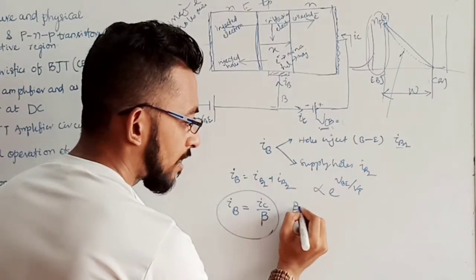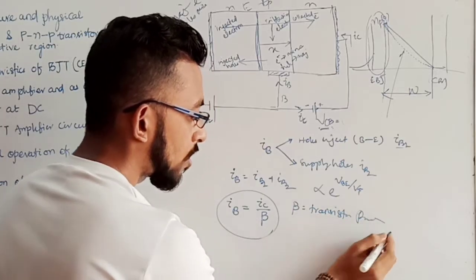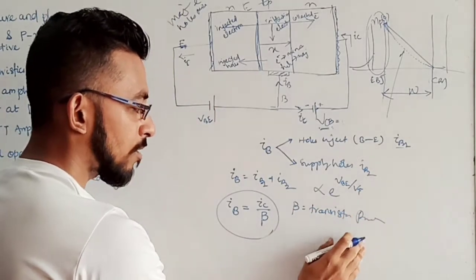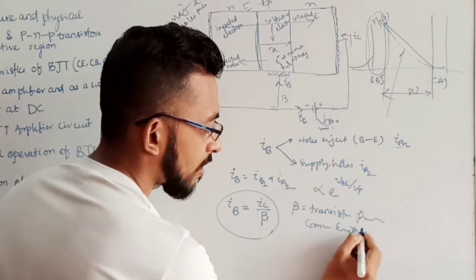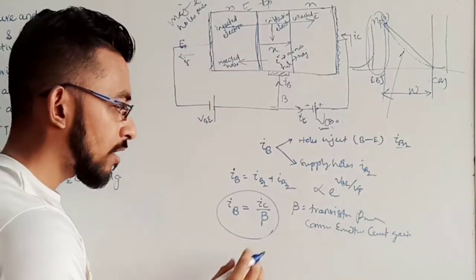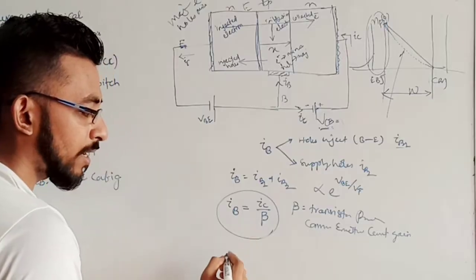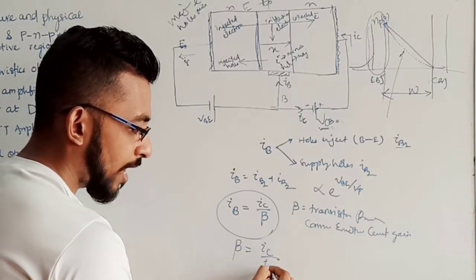This beta is called the transistor parameter, or it is also called the common emitter current gain. Why is its name common emitter current gain? I can write beta is nothing but IC upon IB.